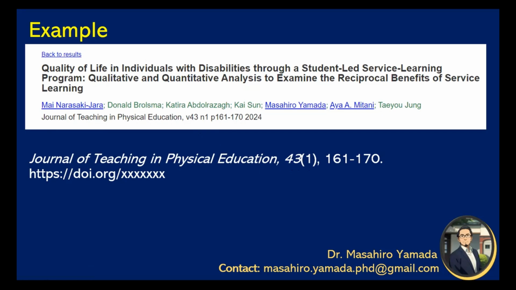After the volume and issue, you put a comma, and the page number from X to Y using a hyphen and a period. And how you put the DOI is you always start with https://doi.org/. After this slash, you just replace these X's with the specific ID number of the article.